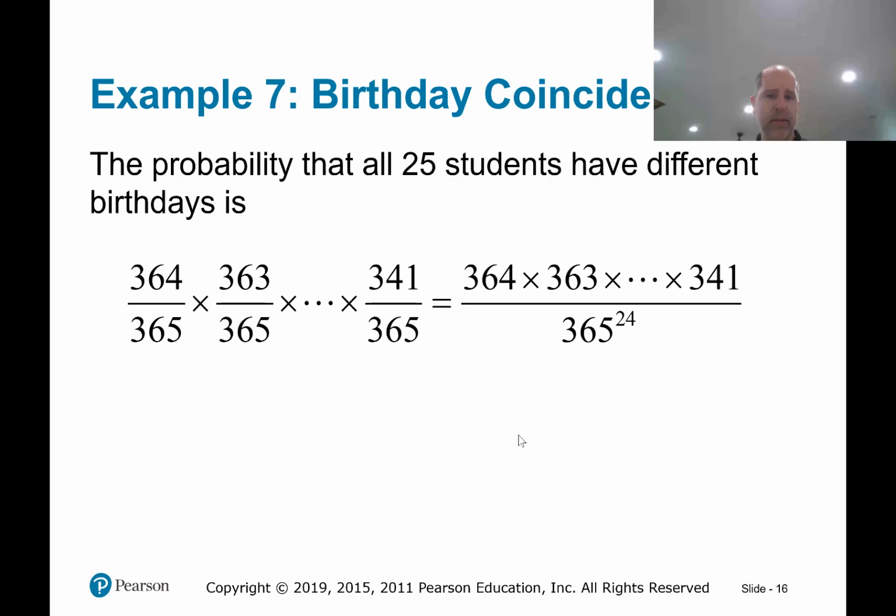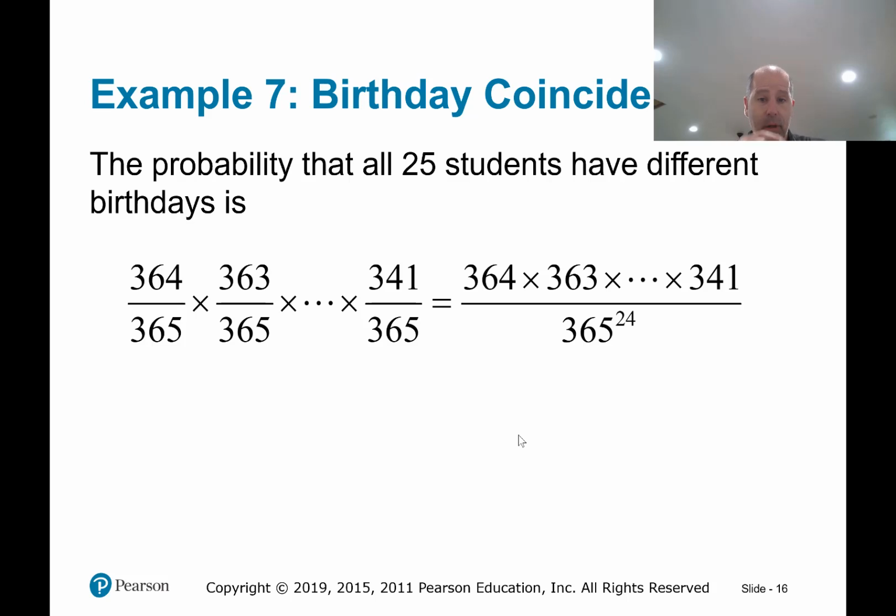And if we do this for all 25 students, using permutations, we're going to have 365 times 364 all the way down to 341. That's going to be the total number of different arrangements of birthdays for 25 students that do not have the same birthday, okay?